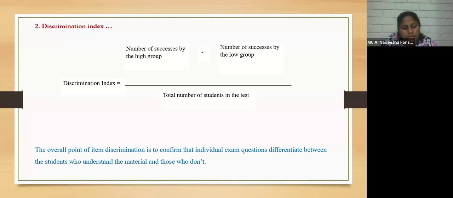So we can have a very good analysis by using the discrimination index. Evaluation reports are made using this type of indices.